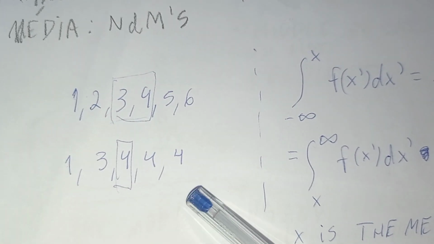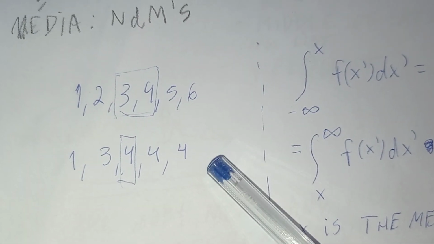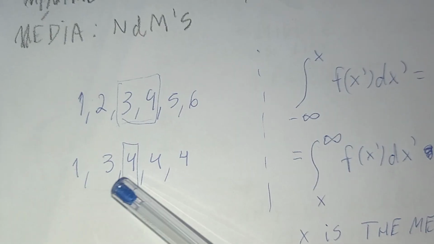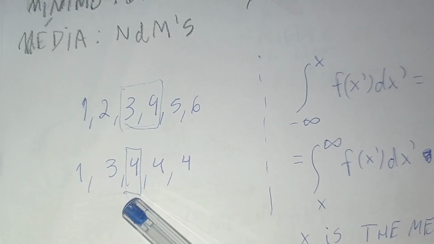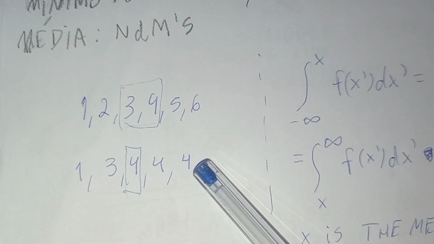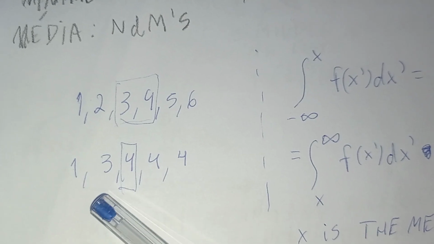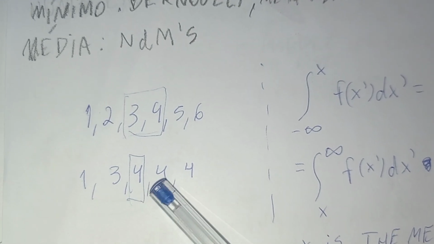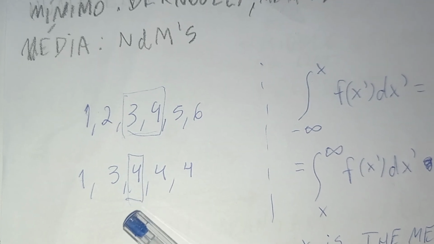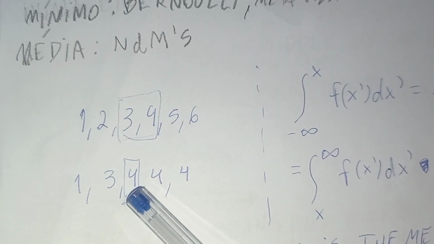Let's say now you have an odd number of things in your dataset for finding the median. In this case, we have 5, we divide by 2, take the smaller integer and sum one, which is basically saying the same as take the value in the middle, and that's your median.